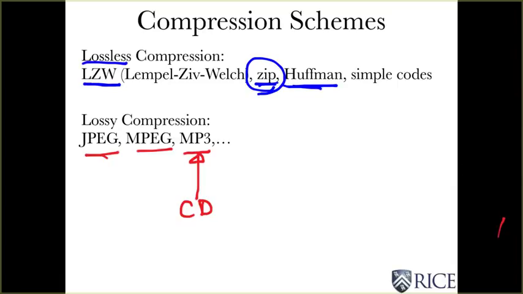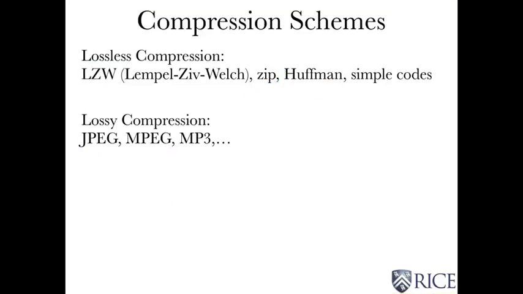And the whole game with lossy compression is to try to reduce the effect of the errors. They're going to be there using fewer bits than entropy, but you're trying to make it so that in the case of MP3 you don't hear the errors, or in the case of MPEG and JPEG you don't see the errors very much. And so we use lossy compression algorithms all the time, but there are certain cases in which you want to use compression schemes that are not lossy. So it depends on the application.